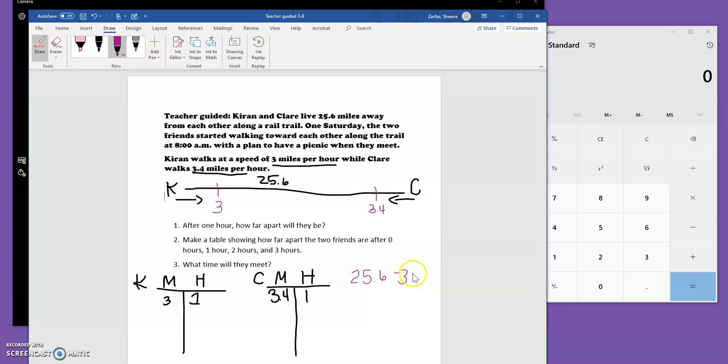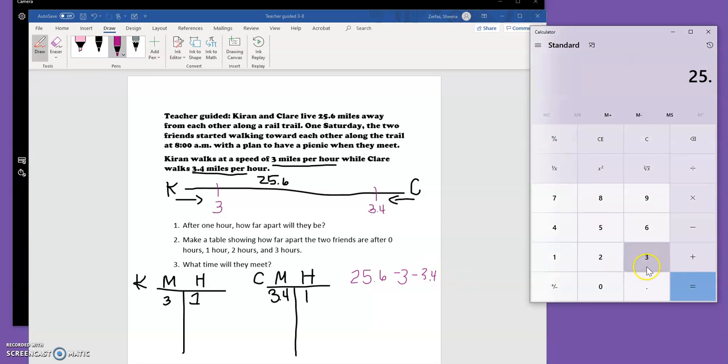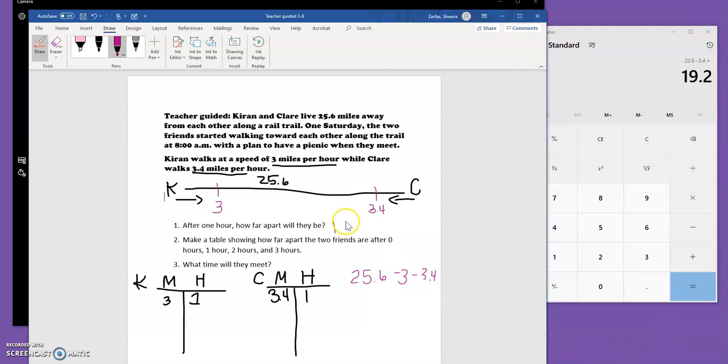Kieran's moved in 3 miles and Claire has gone in 3.4. So 25.6 minus 3 minus 3.4. In 1 hour, the distance apart is 19.2 miles.